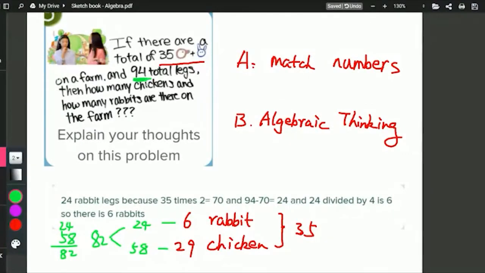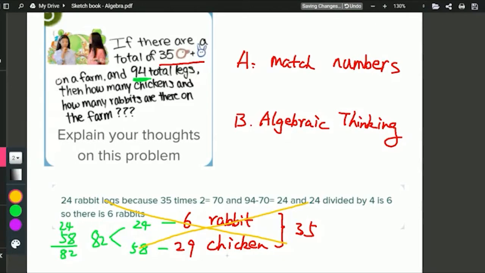As you can see here, we say you should have 94, but based on your results and by reasoning, this doesn't match. Your numbers don't match. So this doesn't work. I hate to cross this out, but this doesn't work.